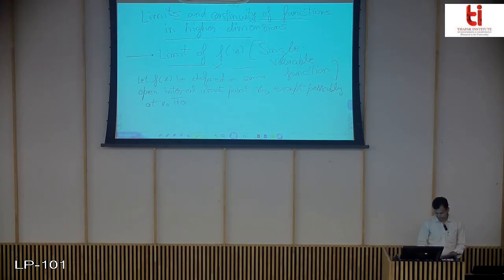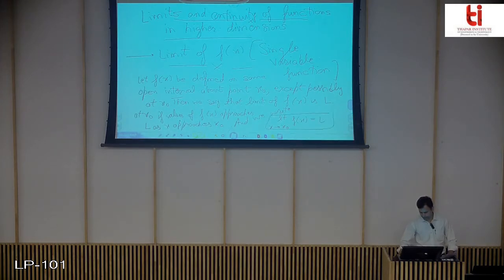Then we say that the limit of f(x) is L at x naught if values of f(x) approach L as x approaches x naught, and we write limit x tending to x naught f(x) equals L.